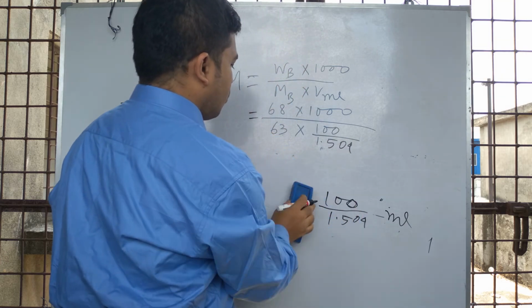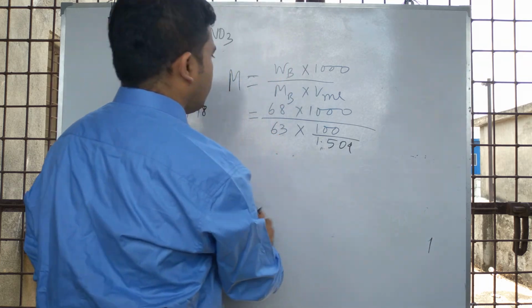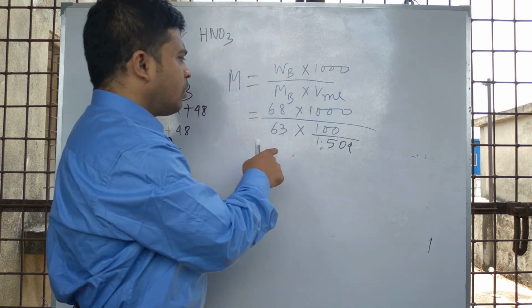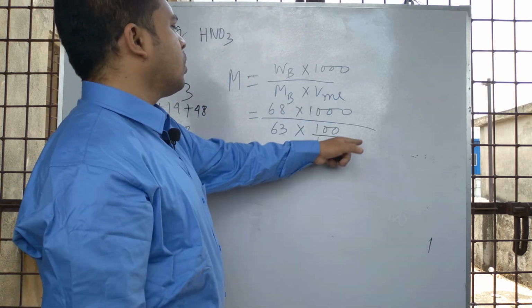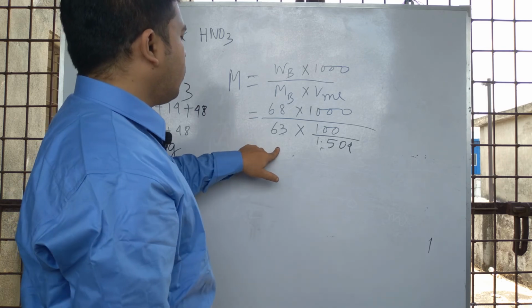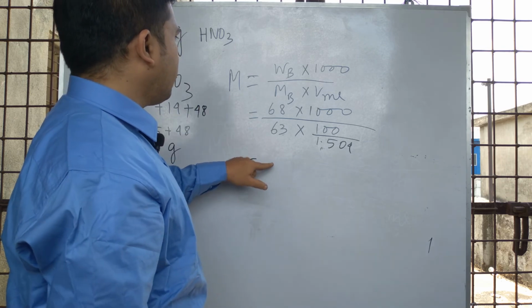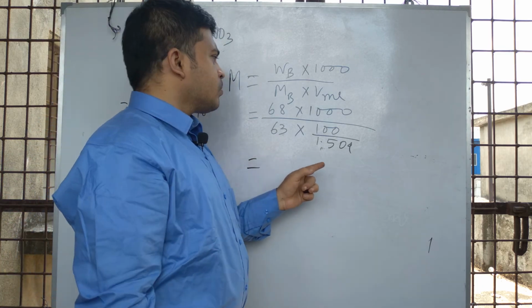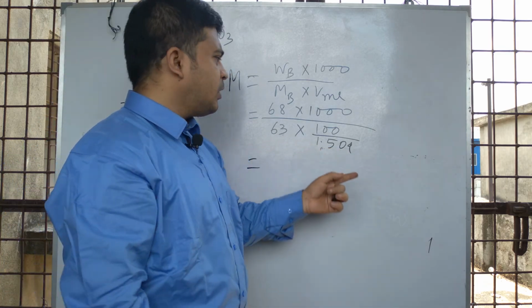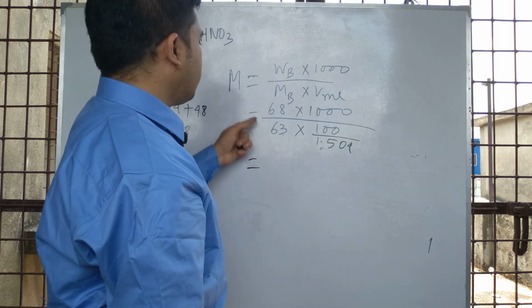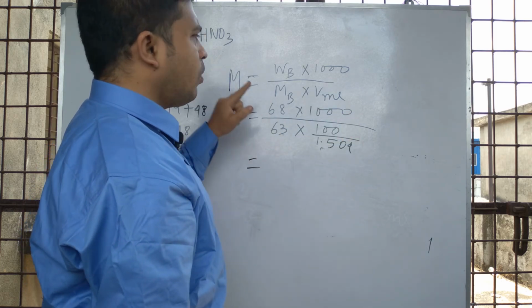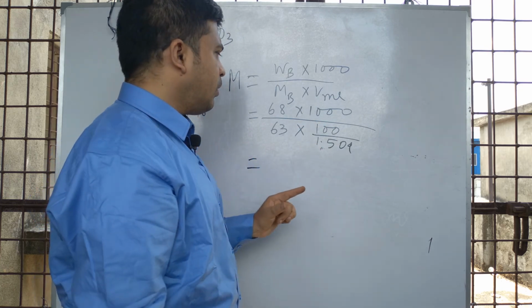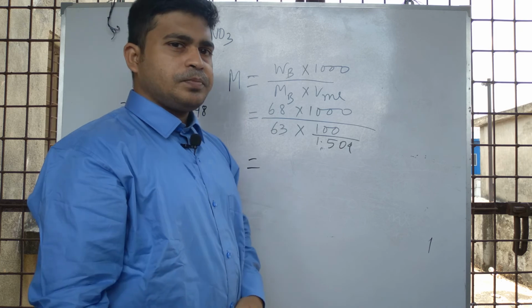So if you calculate this problem, we can calculate the result of this equation, which will be the molarity of the 68% by mass nitric acid solution.